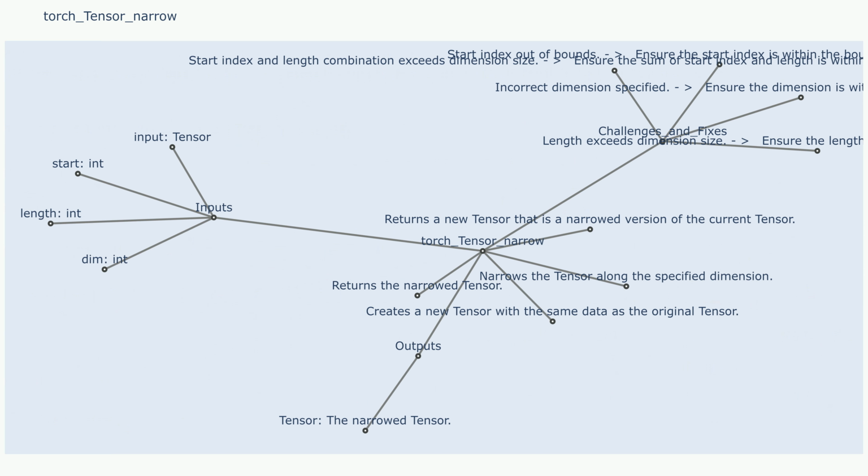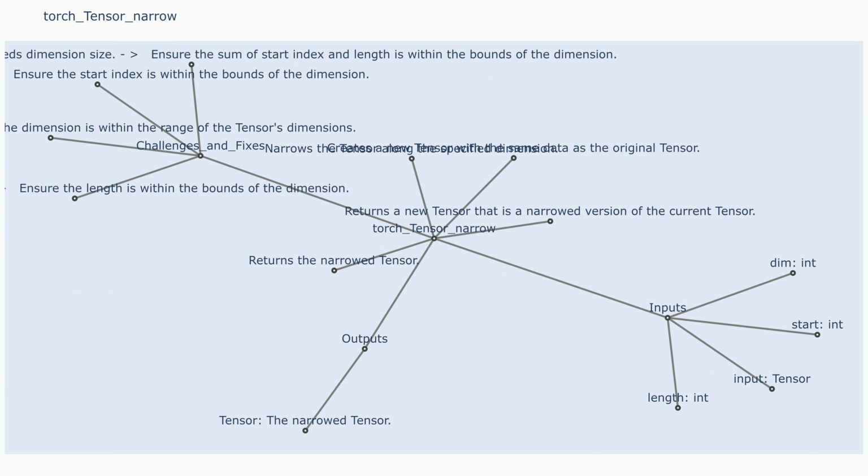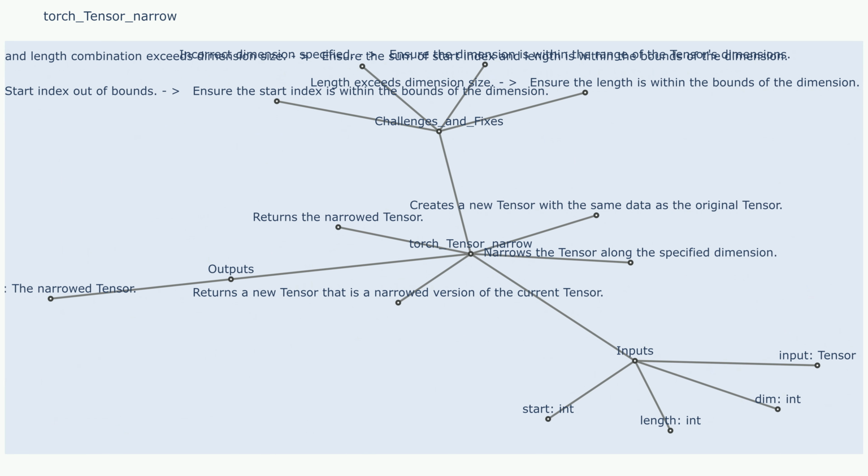Step 2: it selects a contiguous slice of elements starting at the given start index and extending for length elements along the identified dimension. Step 3: it returns the extracted subtensor as a new tensor that shares the same underlying memory with the original tensor.